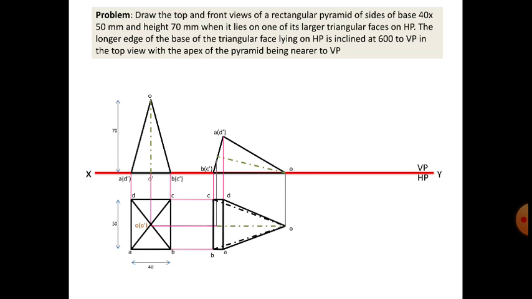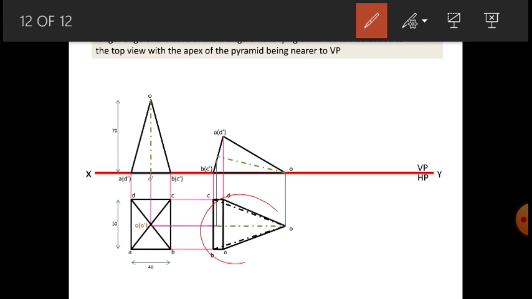Next, the next part says to lie. We have laid it and we have brought its top view. Now, as per the question, the triangular face lying on the HP is made to incline at 60 degrees to the VP. This means this object is made inclined to the VP.